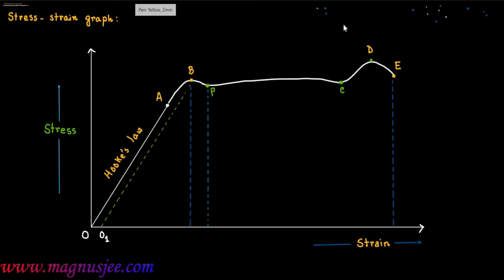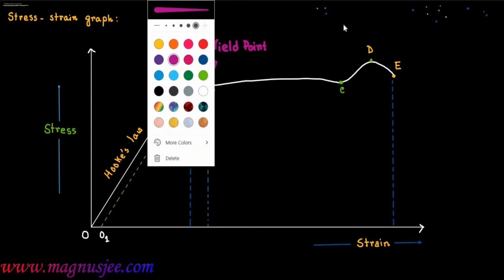The point P is the yield point beyond which strain is independent of stress. That means strain increases though stress is kept constant, or strain occurs though no deforming force acts on the body.